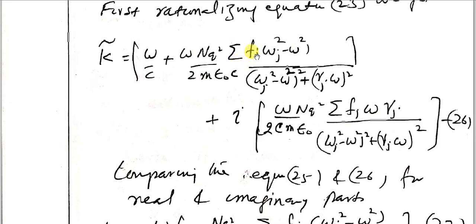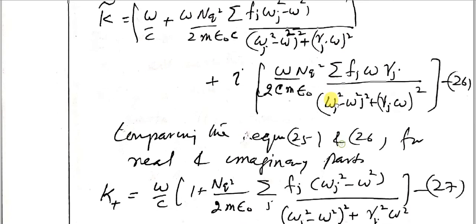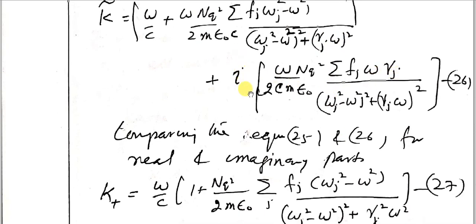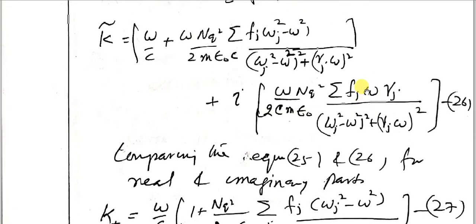And similarly the other term with the i, but in the numerator we have the second part, which is f j omega gamma j. Comparing equations 25 and 26 now, because both are complex, the real and imaginary parts we compare.